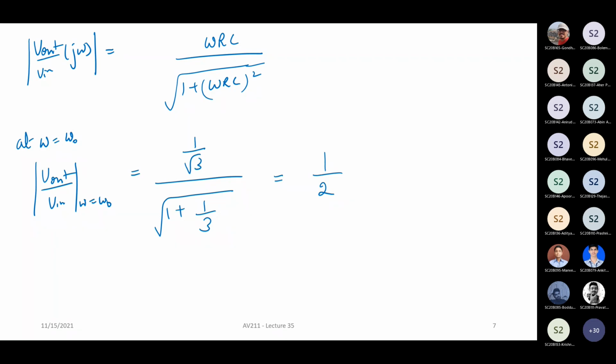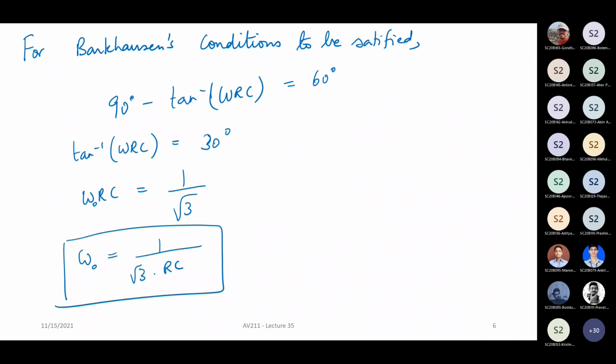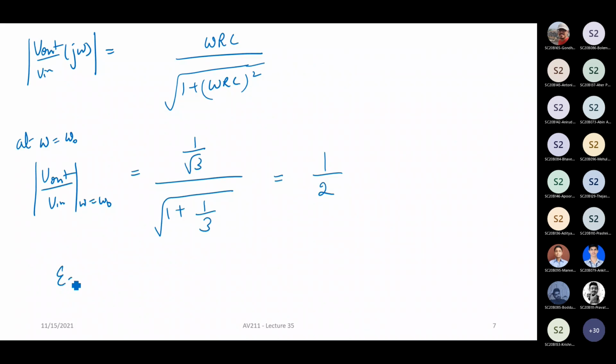So the magnitude response of each section, right? So each RC section has a gain of half. So as you cascade 3 of them, what will happen? The gain will become 1 by 8, right?